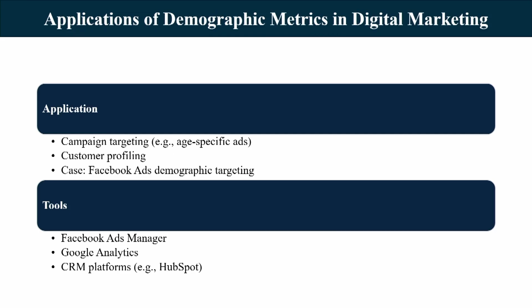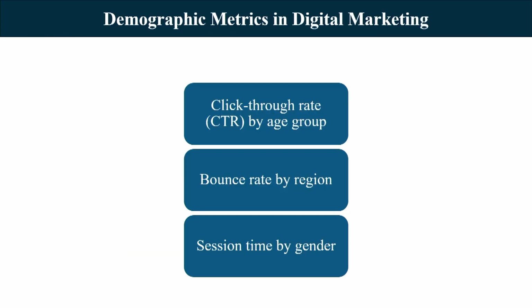So, the drop off becomes minimal and conversion becomes better. One example is Facebook ads demographic targeting. If we talk about various tools, the tools might include Facebook Ad Manager, Google Analytics, and CRM platforms such as HubSpot.